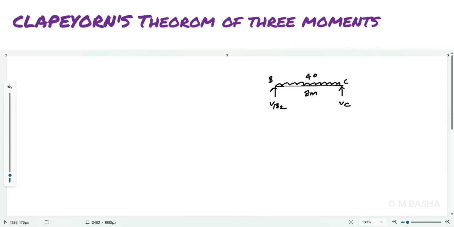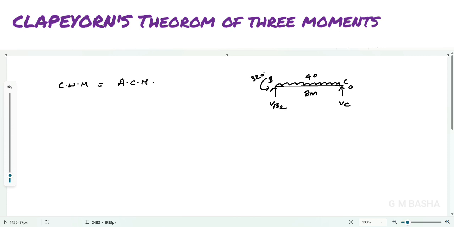So already I told you moment at C will be equal to 0 and moment at B will be 320 kilonewton meter anti-clockwise here in this span BC. This is the MB moment. Again take clockwise moments one side, anti-clockwise moments another side.